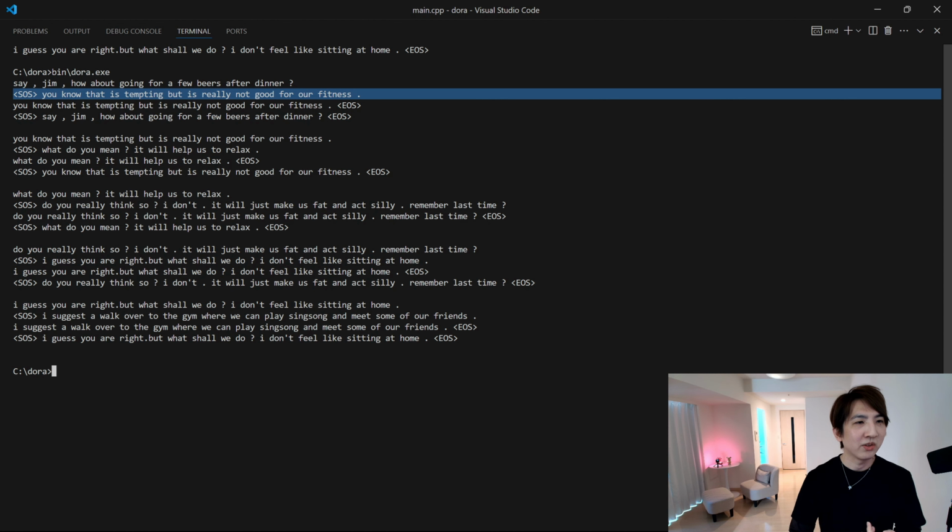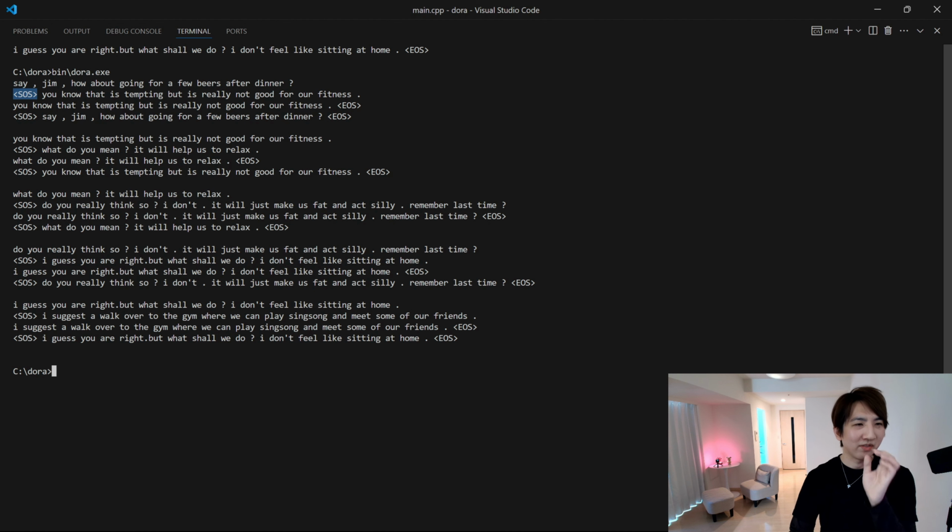For inputs for the decoder, you don't need to have it all the time, but it's better to have a start of sentence tag.